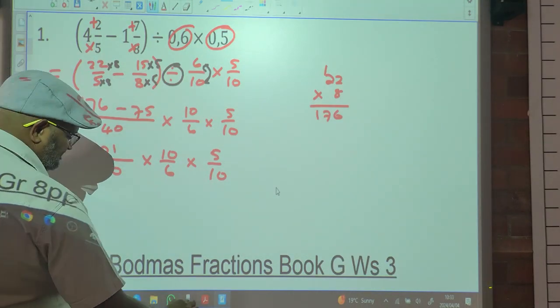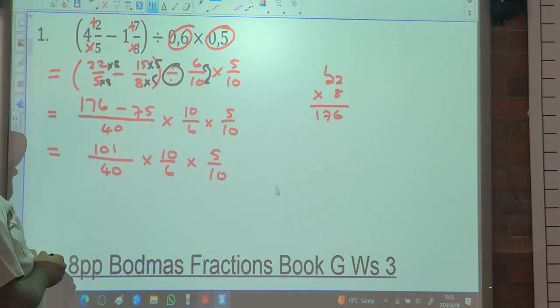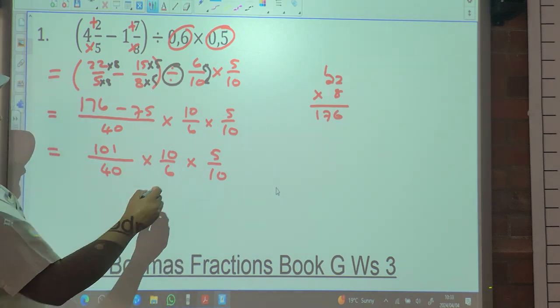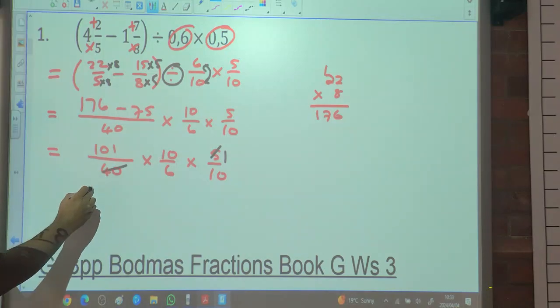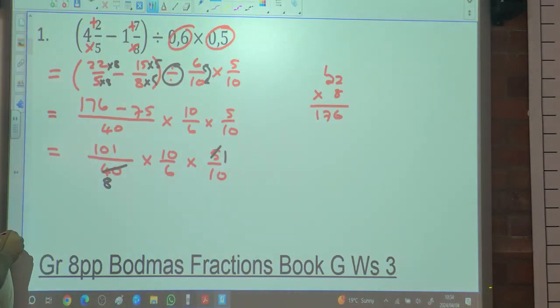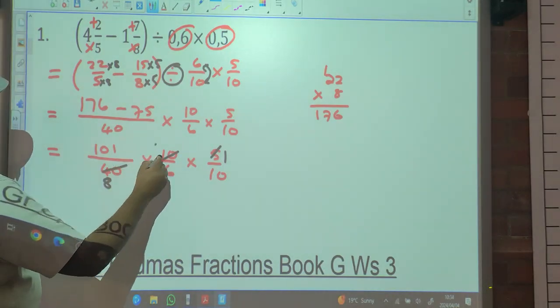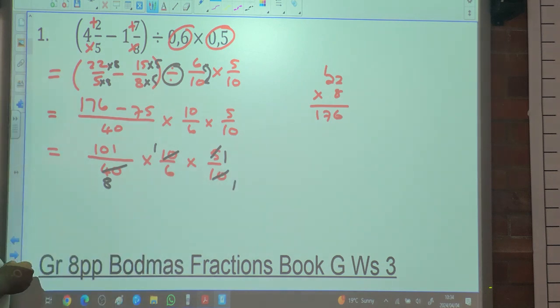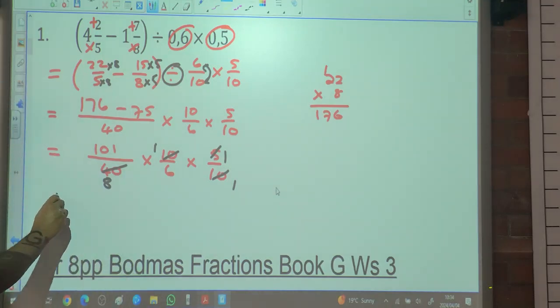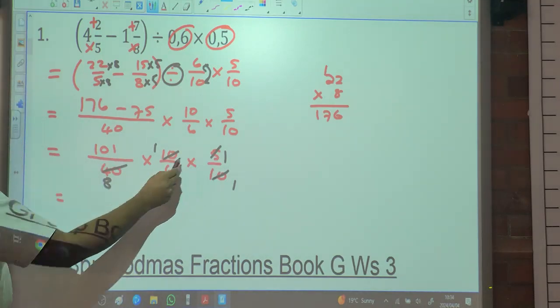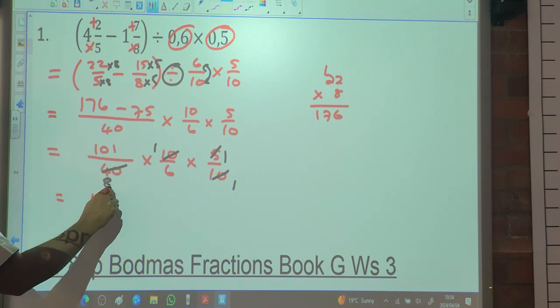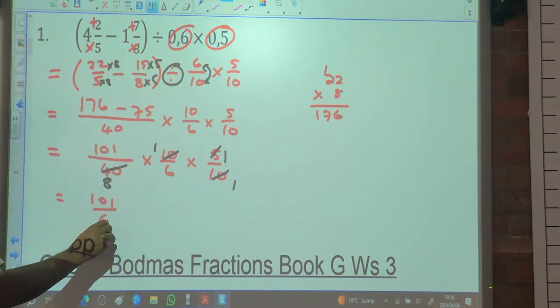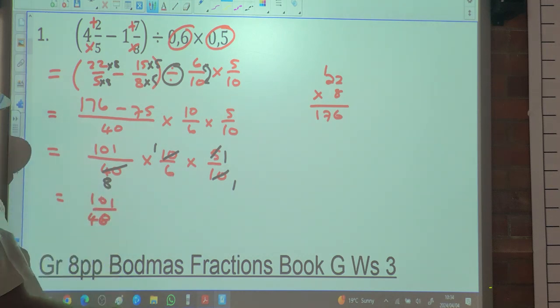What can happen now? Multiply. So simplify before we multiply. 5 into 5 once, 5 into 14, no. 10 goes into 10 once, 10 goes into 10 once. Is there anything else that can cancel here? Yes. So that is going to be 101 multiplied by 1 multiplied by 1 is 101, over 6 times 8 is 48.